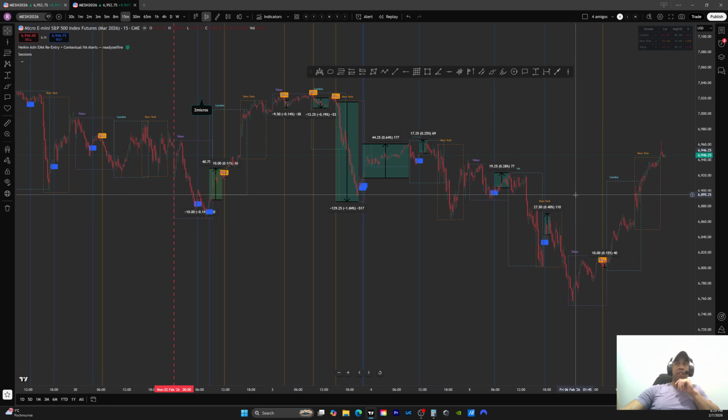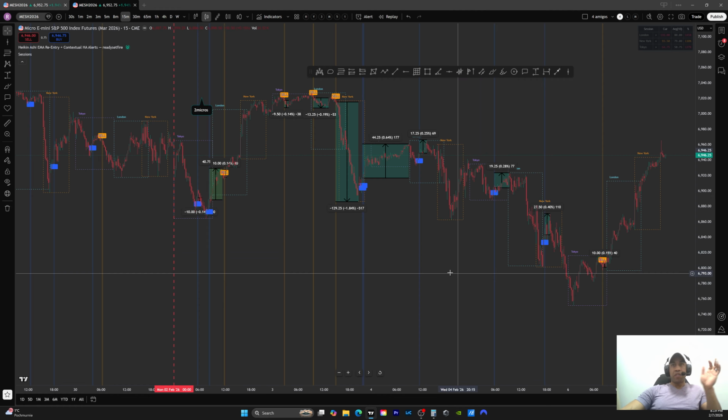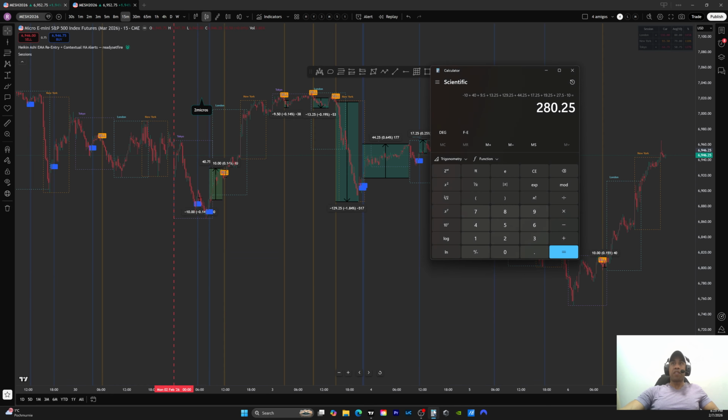This is using this indicator on the week. If we do that times 2 micros, if a micro is $5 per point, that's without the commissions and all the stuff, right? So we're just doing a simple calculation.